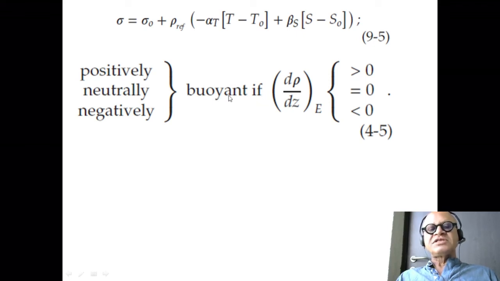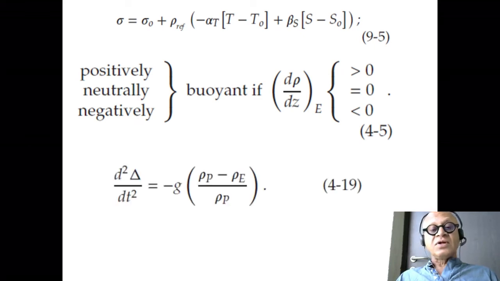It's neutrally stable if d rho dz is 0, and negatively buoyant if d rho dz is less than 0. So unstable, neutrally stable, stable, right? So that's all we have to do, and we have to then translate it into gravity waves.